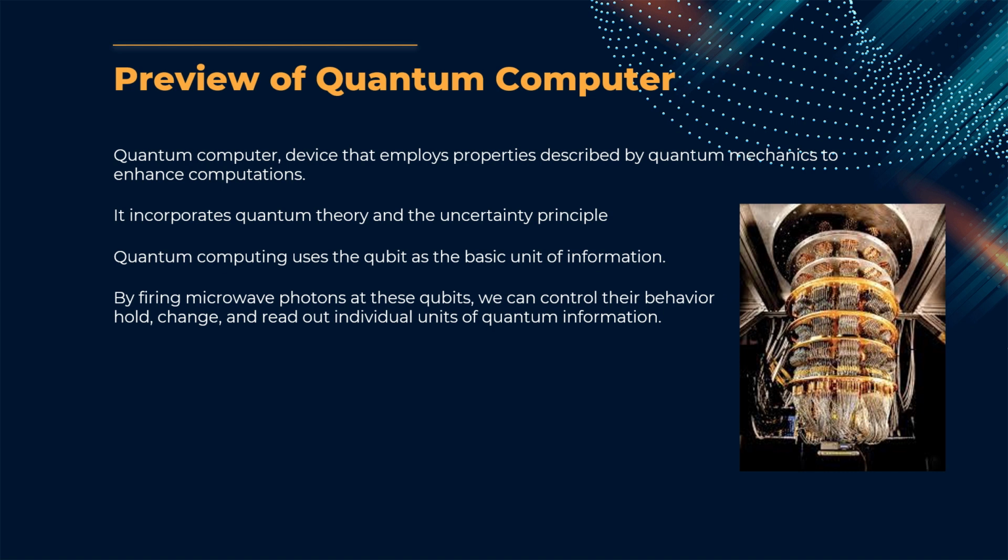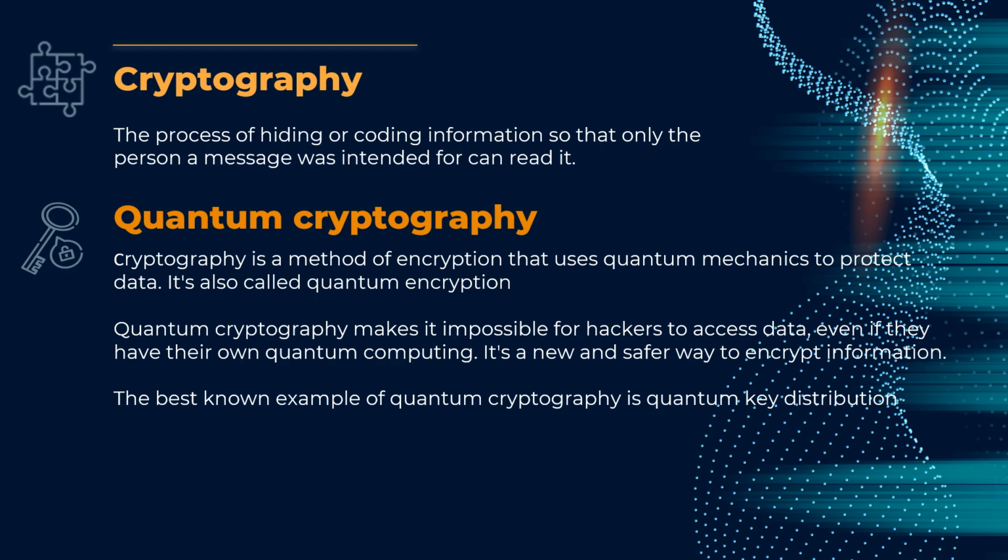Quantum computers incorporate quantum theories, the uncertainty principle, quantum entanglement, etc. Quantum computers use qubits as the basic unit of information, as compared to classical computers that use binary code as 0 and 1. By firing microwave subatomic particles at these qubits, we can control their behavior, change their direction, and read out individual values of quantum information.